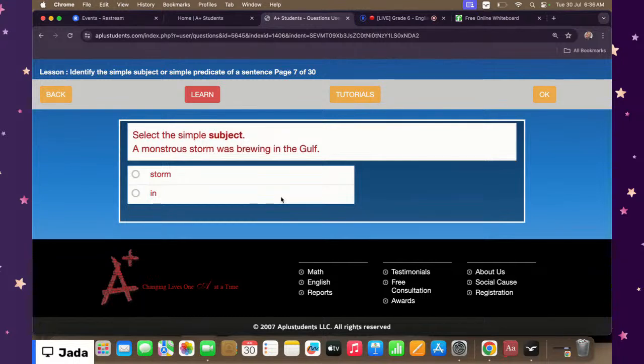Identify the simple subjects. What is the simple subject? Option 2. Okay. What else? More options, guys.